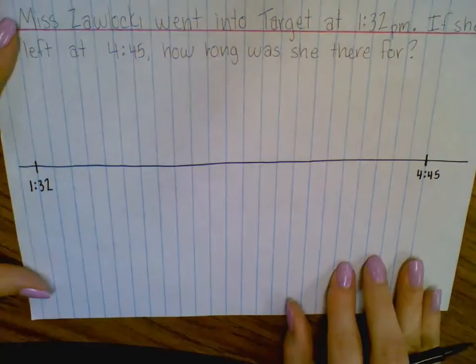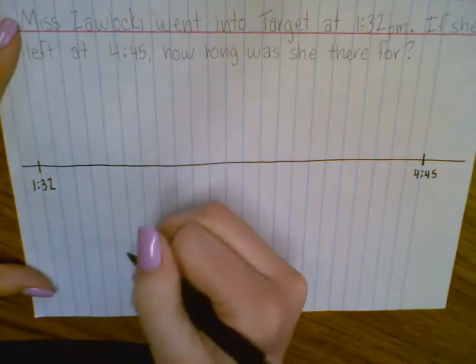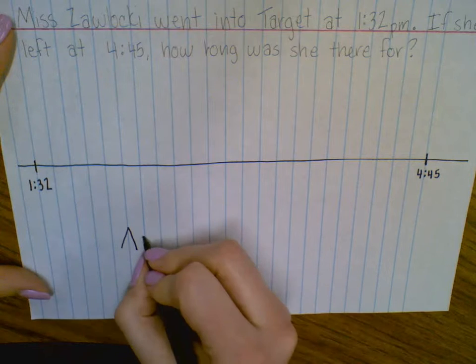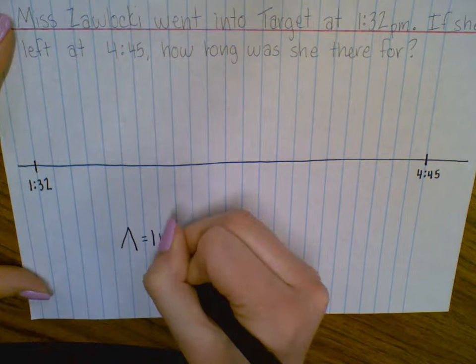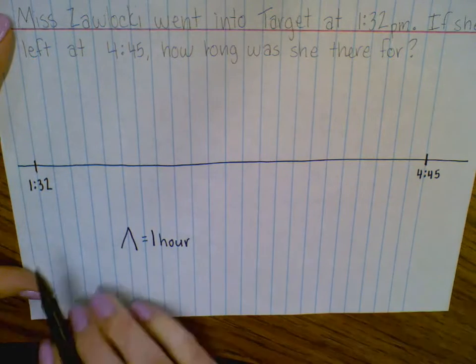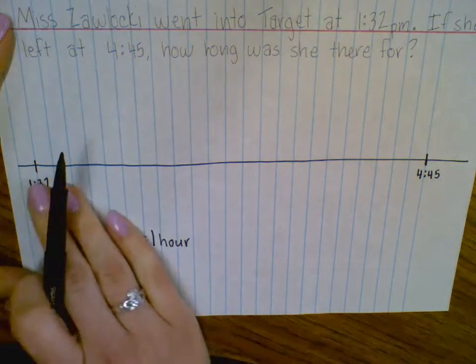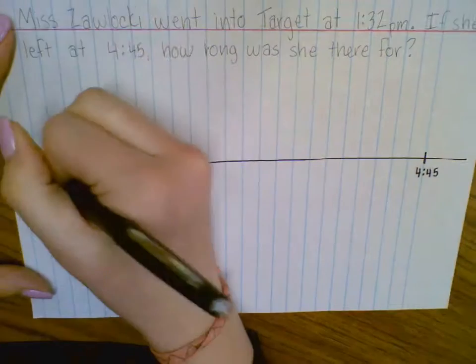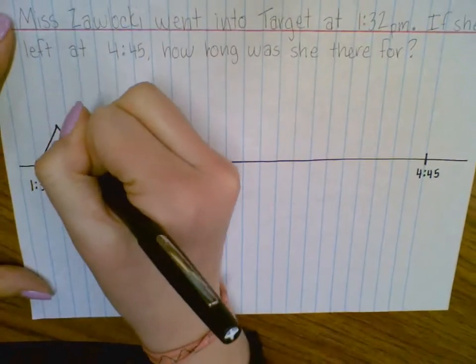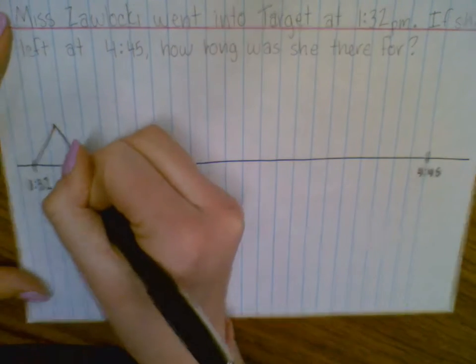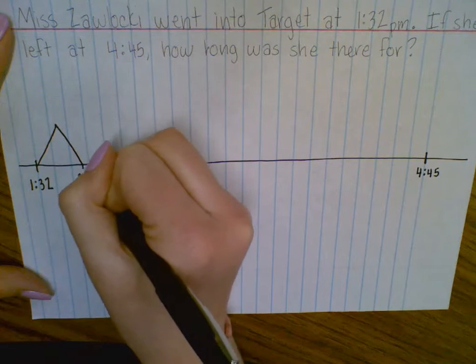Now, if you remember, when we start doing this problem, when we draw mountains, those equal 1 hour. So right now I'm going to add as many mountains, as many hours as I can until I run out. So if it's 1:32 and 1 hour passes, now I know it's 2:32.